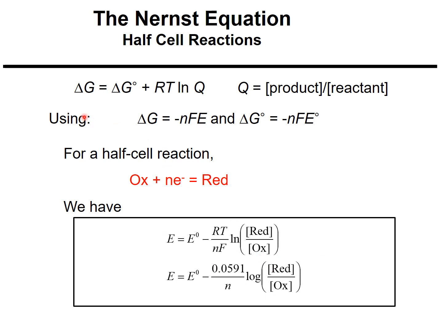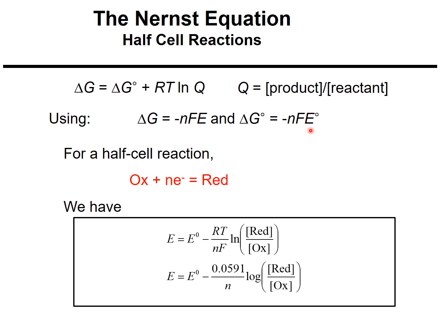The Nernst equation starts from the basic thermodynamic equation: delta G, the Gibbs free energy change of a reaction, is equal to the Gibbs free energy at the standard state plus RT ln Q. The quotient Q means the ratio of the concentration or activity of products per activity or concentration of reactants.